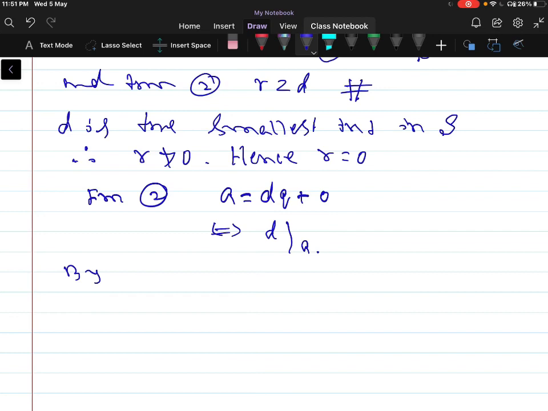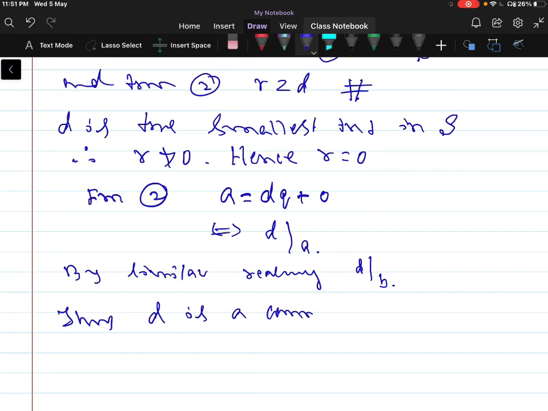By similar reasoning, we can prove that d divides b also. Thus, d is a common divisor of integers a and b.